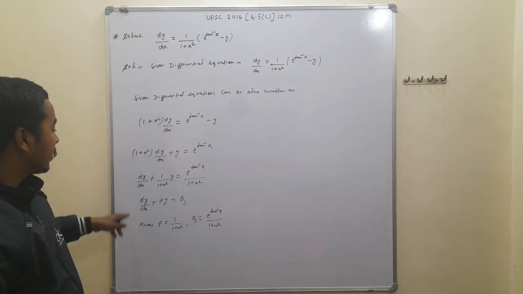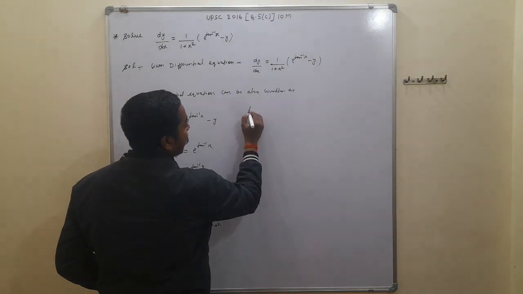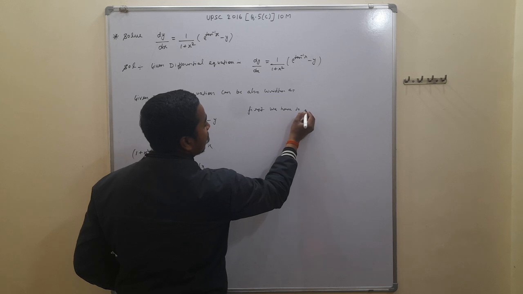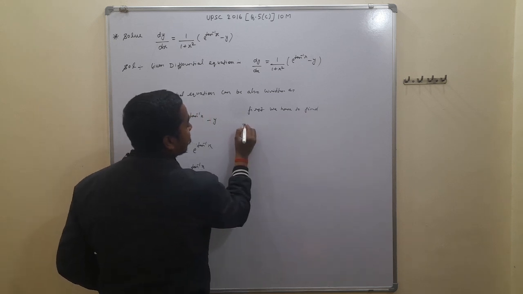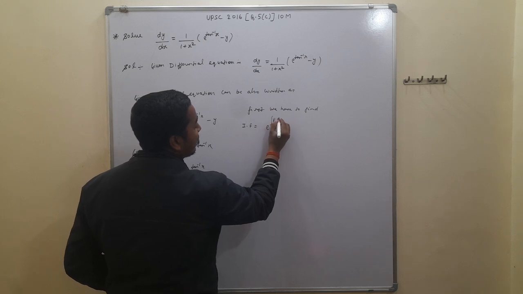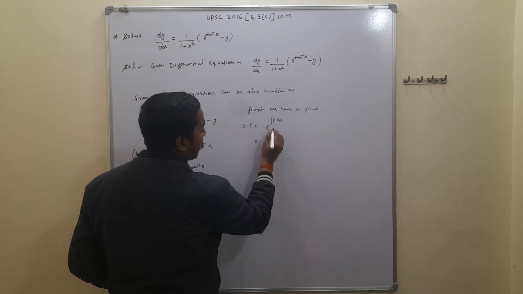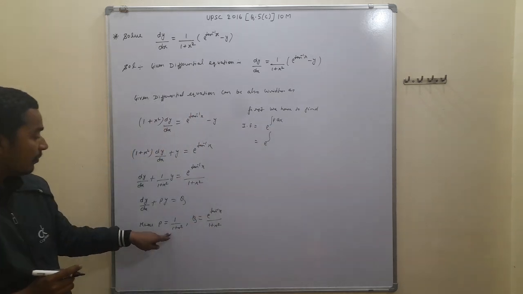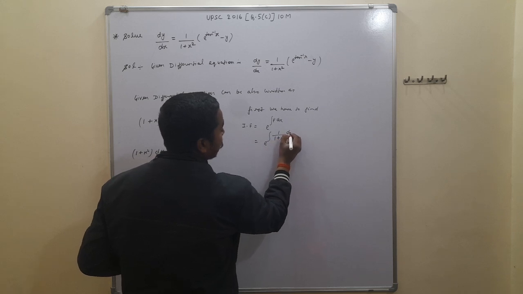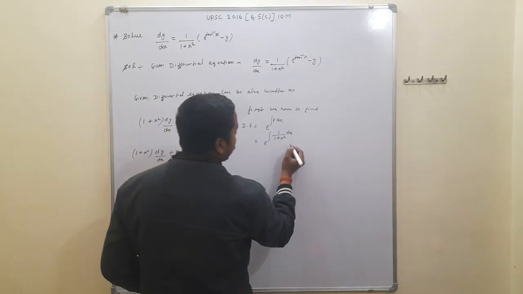We have to solve the linear differential equation, using first we have to find the integrating factor, and integrating factor is given by e to the power of integral P dx. Here P is 1 upon 1 plus x square into dx, and we know that integral of dx upon 1 plus x square gives tan inverse of x.